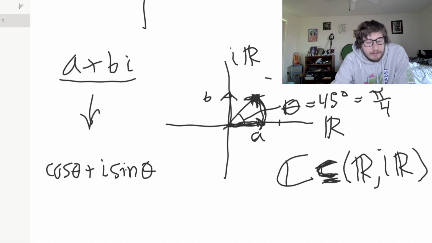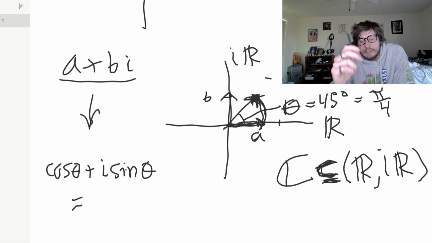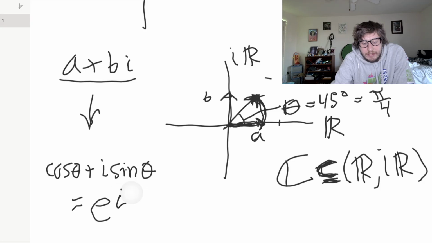And I say this because this is equal, and I'll probably prove this later because it's one of the easier proofs, to e to the... because we talked about e, right? e to the x grows exponentially.